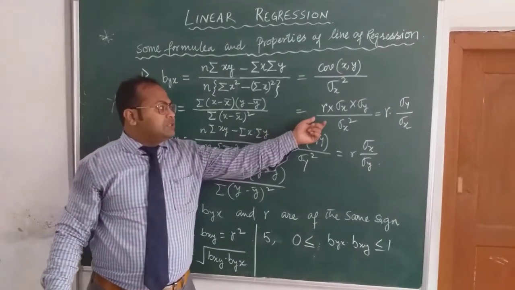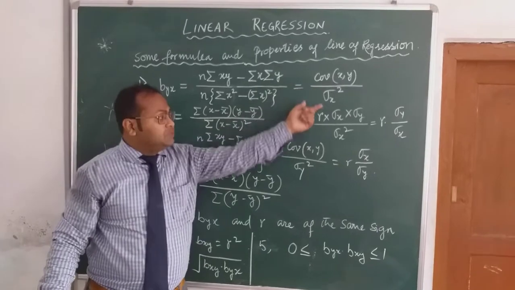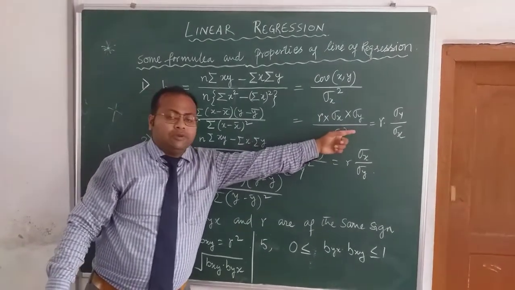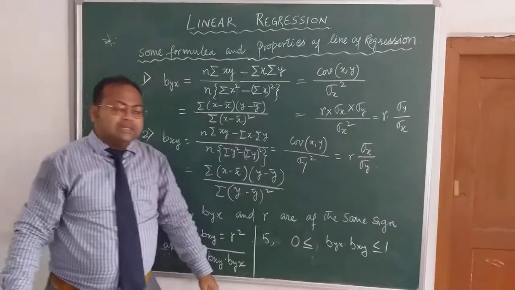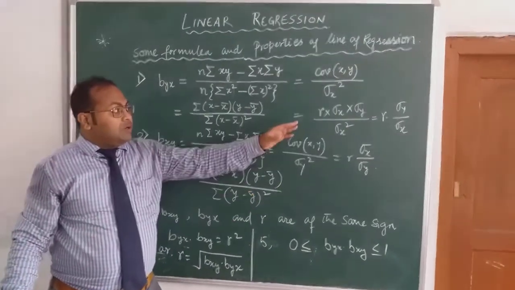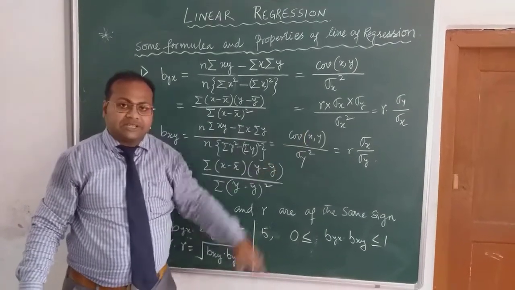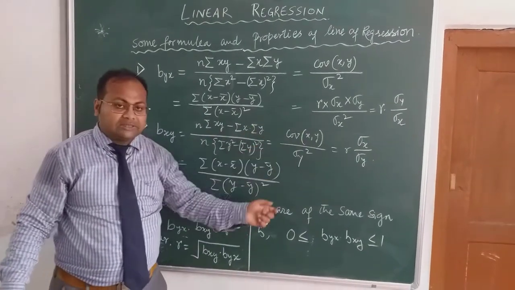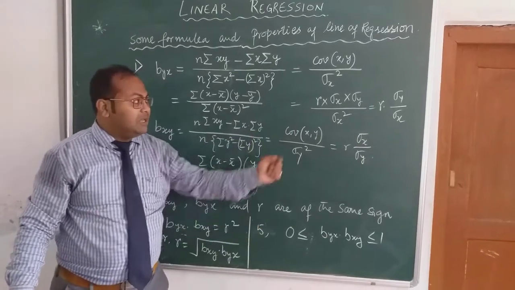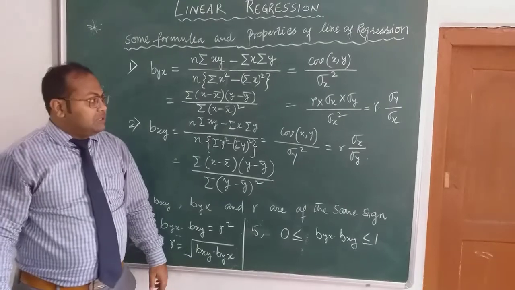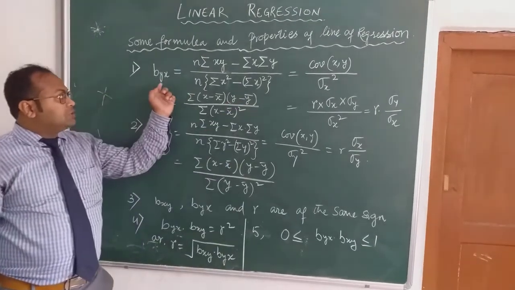Also, suppose we know that the covariance of xy equals r into sigma x into sigma y. Sigma x will cancel out, and it will be r into sigma y by sigma x. Now it can be asked that both the standard deviations are given, the standard deviation of x and the standard deviation of y, and the coefficient of correlation r is also given. So what will be the regression coefficient of y on x?